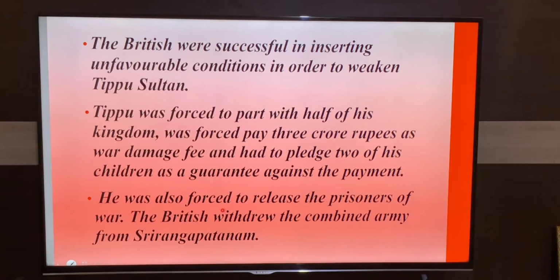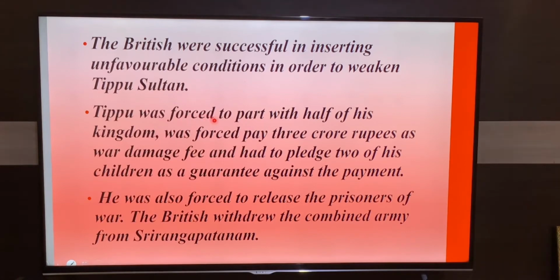He was also forced to release the prisoners of the war. The British withdrew the combined army from Srirangapatnam. These are the terms of the Treaty of Srirangapatnam, which he signed in the year 1792.